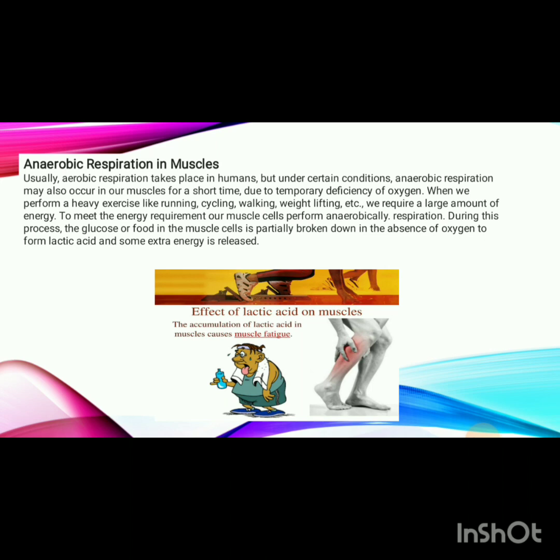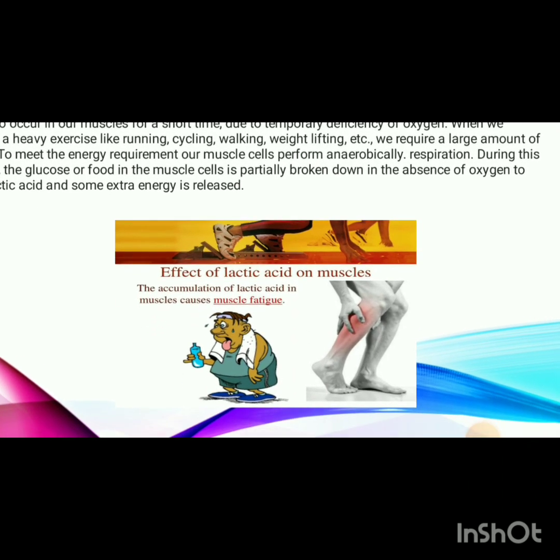During this process, the glucose or food in the muscle cell is partially broken down in the absence of oxygen to form lactic acid and some extra energy is released. The accumulation of lactic acid in muscles causes muscle fatigue, or muscle cramps.